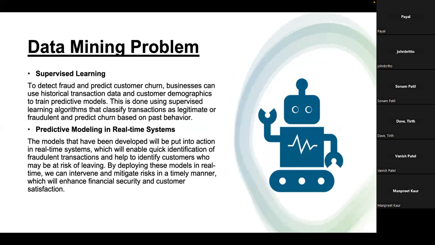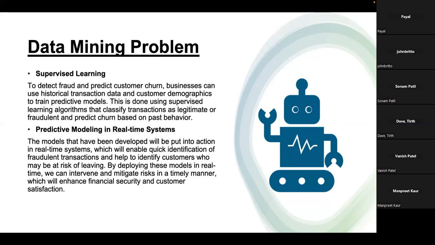So, the data mining problem revolves around the use of supervised learning by leveraging historical transaction data and customer demographics. We have trained predictive models that can easily classify transactions as legitimate or fraudulent and anticipate customer churn based on past behavior. The crux of our approach is the application of these models in real-time systems.